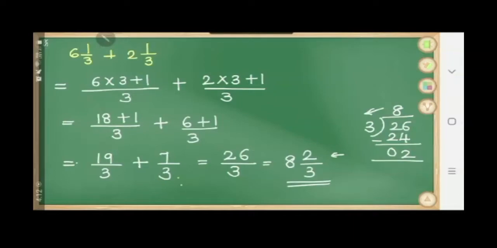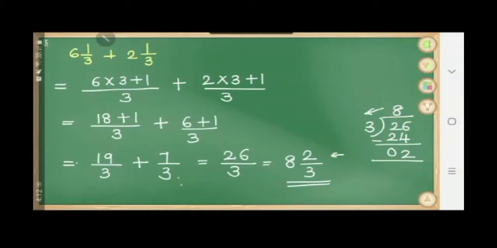Now I have got 26 upon 3. Now to convert 26 upon 3 to a mixed fraction, what I do again is division. So when I divide, I write the whole part as the quotient. The denominator remains the same and the remainder comes in the numerator.